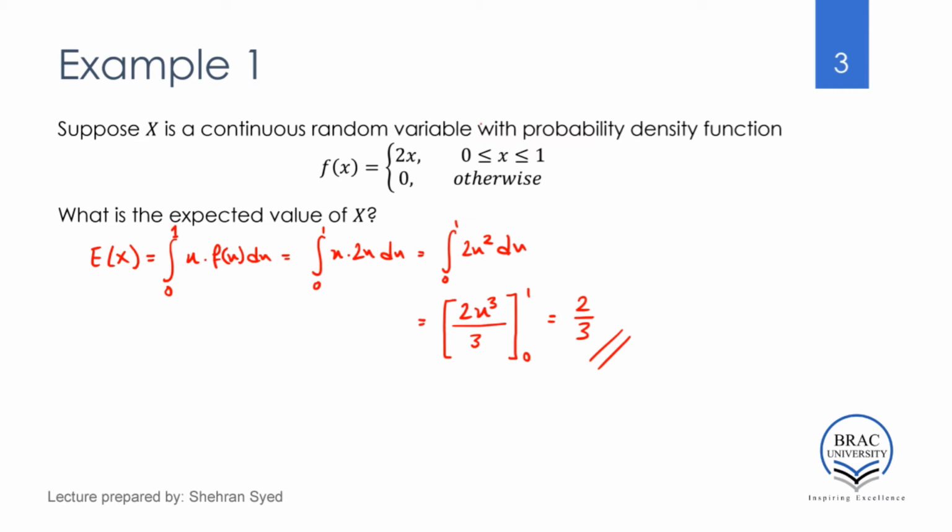So the expectation of the random variable x defined with this PDF is equal to 2/3.